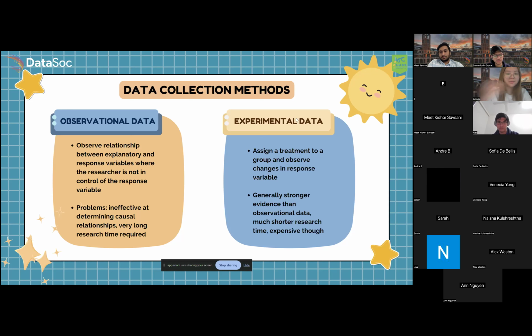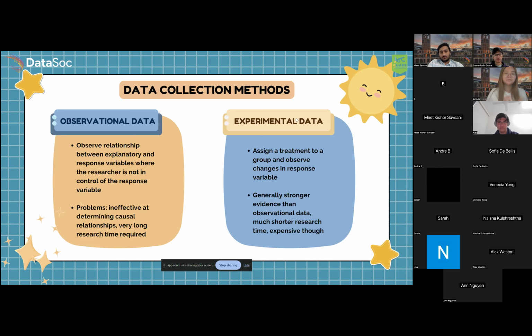Next, we have experimental data, where we can assign a treatment to a group and observe changes in the response variable. It is generally stronger evidence than observational data and requires much shorter research time, although it is more expensive. One famous experimental data collection is, for example, the effect of the amount of water on plant growth.